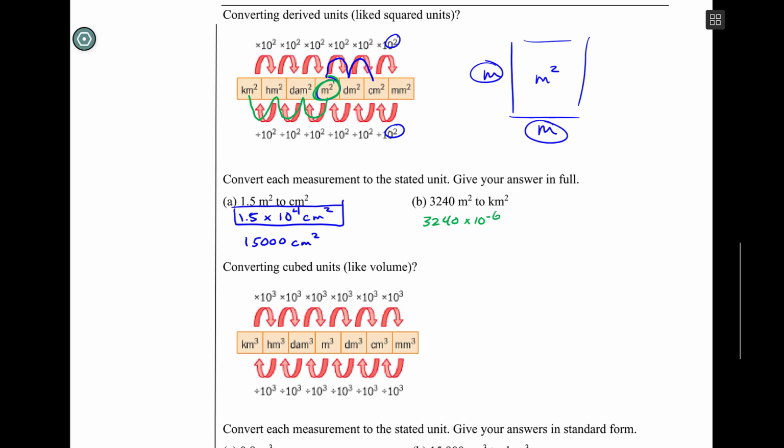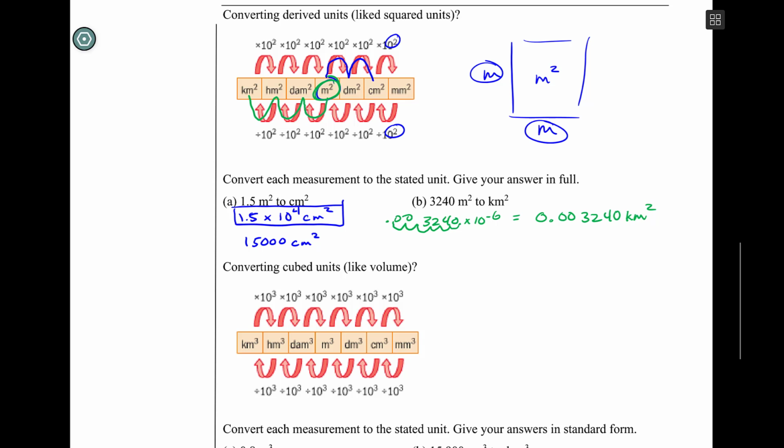Okay, well, let's take this and try to write it out. That means we are moving this decimal place over 6 places. So we have 1, 2, 3, 4, and then 2 more, 5, 6, 0, 0, and then finally our decimal. So that's going to give me 0.003240 kilometers squared.